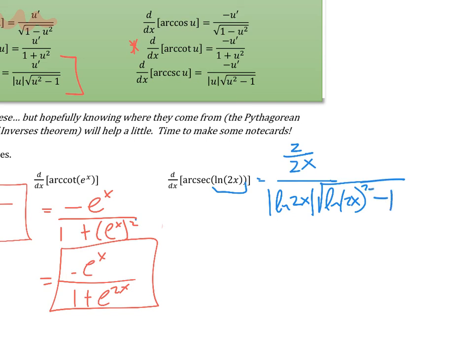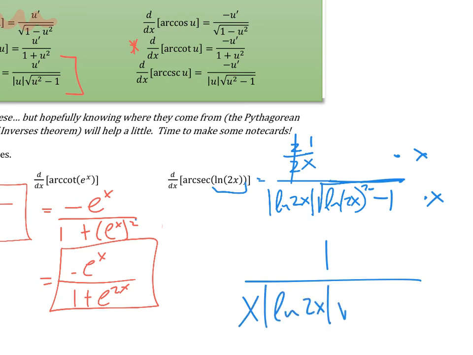All right, so notice that square root is very similar there. We might cancel these out, and actually they get 1 over x, multiply top and bottom by x, and we'll have this 1 over x times the absolute value of natural log of 2x times the square root of natural log of 2x squared minus 1.